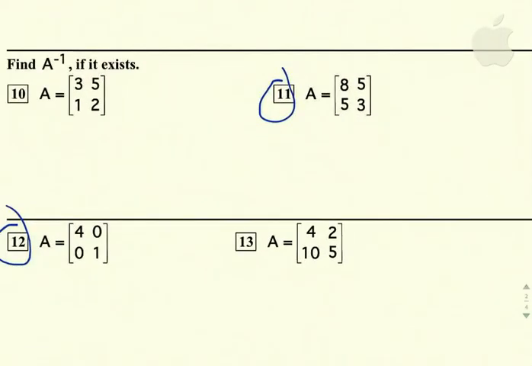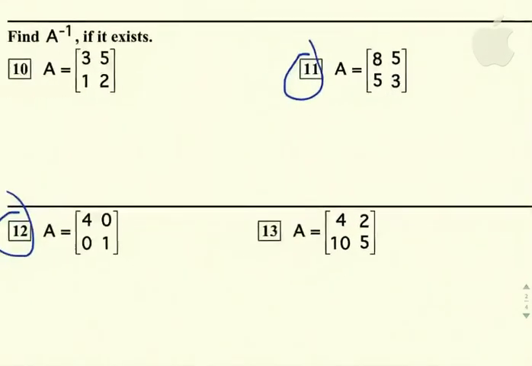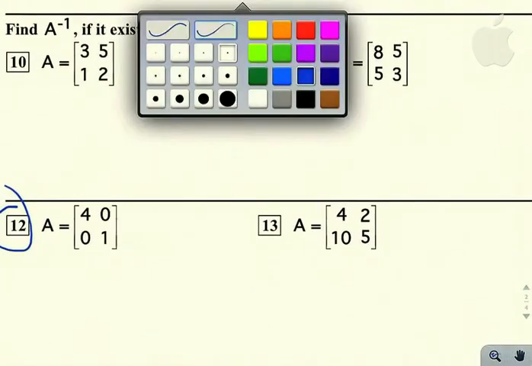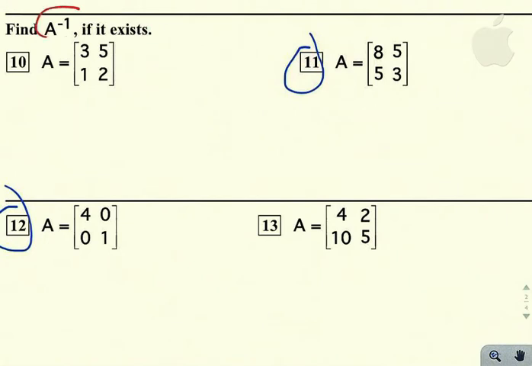Now remember, there is a quick way to find the inverse. And remember too that this is not a negative exponent. It means A inverse. Okay, 3 steps to find the inverse. Find the determinant.